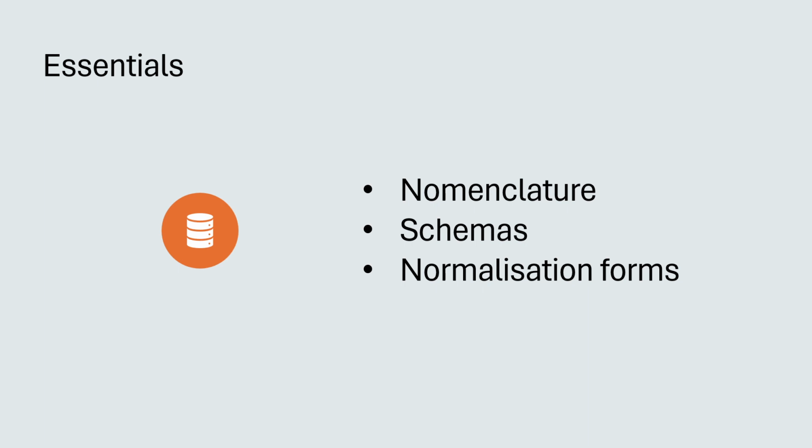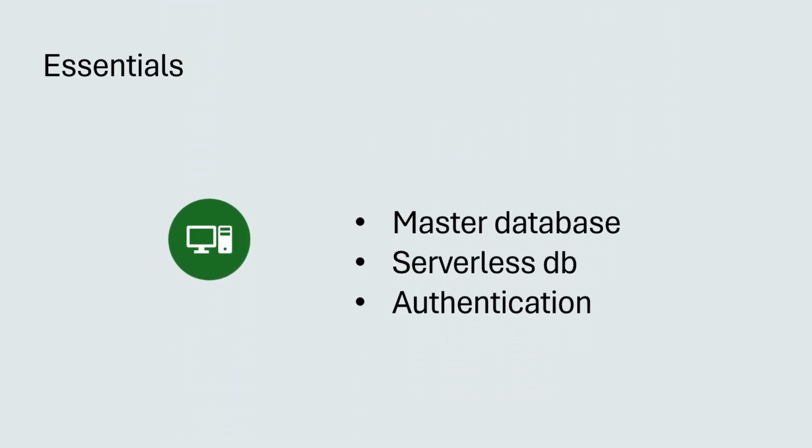So after normalization forms, we've got server configurations. Whenever we are creating a database, your SQL is going to have a master database. So let's take an example of Azure SQL.